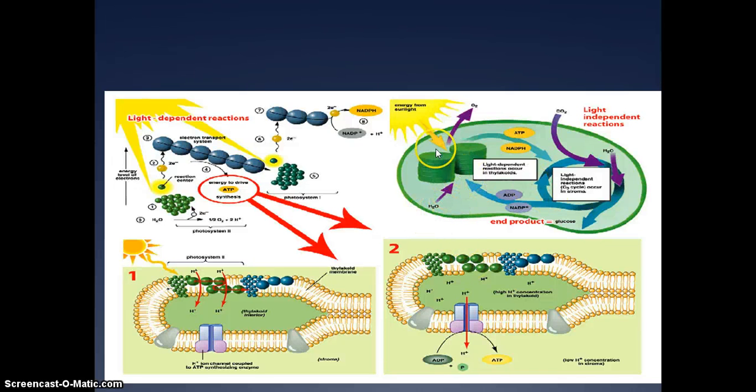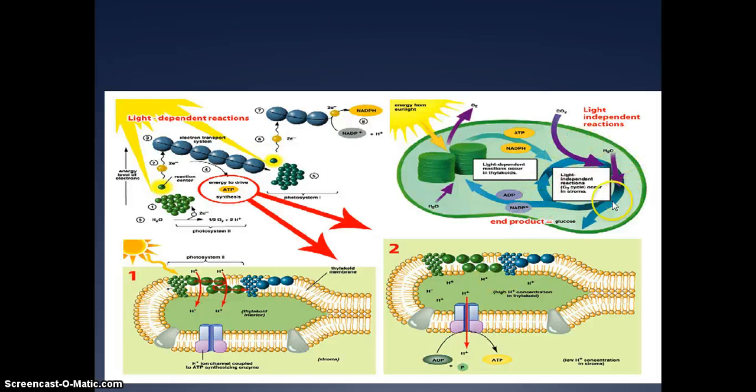Right? So now, look, NADPH and ATP are produced in the light dependent reaction in the thylakoid, and they leave the thylakoids. This is shown right here, they're pumped outside into the stroma for the light independent reaction.